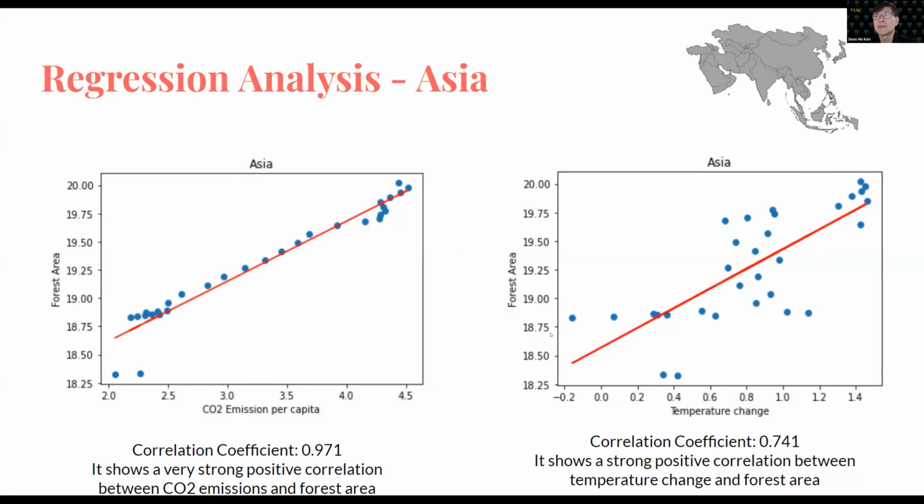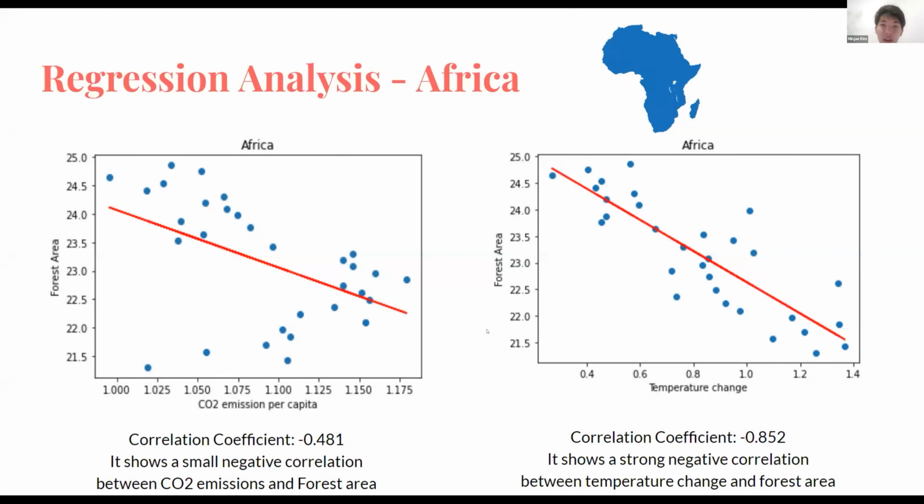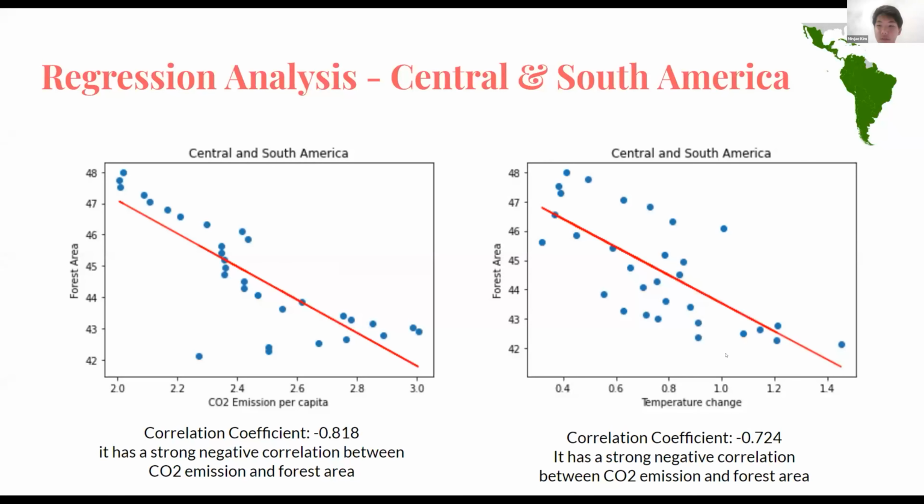It's counterintuitive, right? When you have more forest, usually we expect cooler temperatures. But for Africa and Central and South America, it was as we expected. When the forest area decreases, the temperature increases. Interesting.